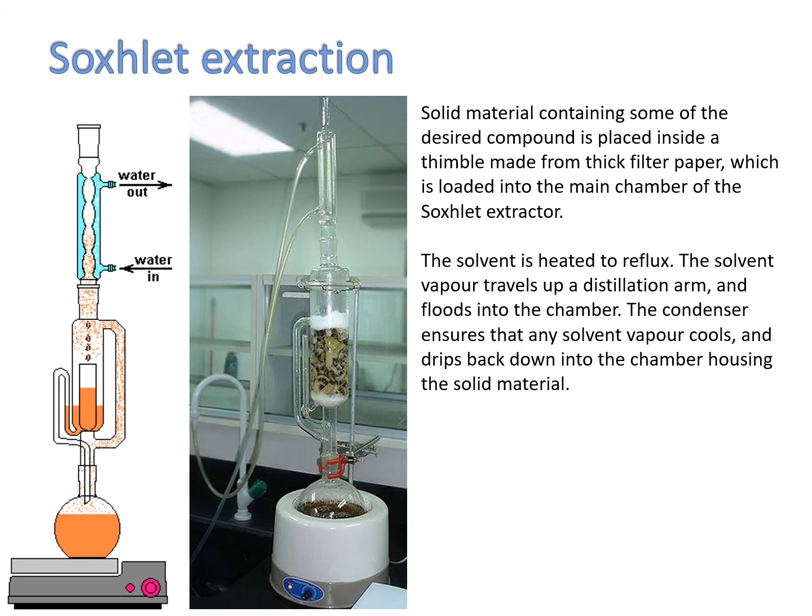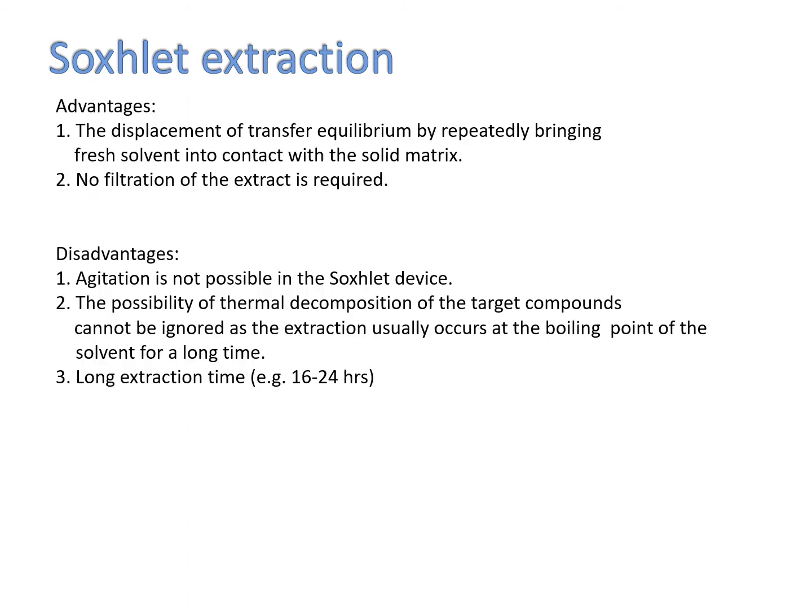The solvent is heated to reflux, then the solvent vapor travels up a distillation arm and floods into the chamber, and the condenser ensures that any solvent vapor cools and drips back into the chamber housing the solid material. So class, we can perform this procedure in the laboratory under water bath condition.